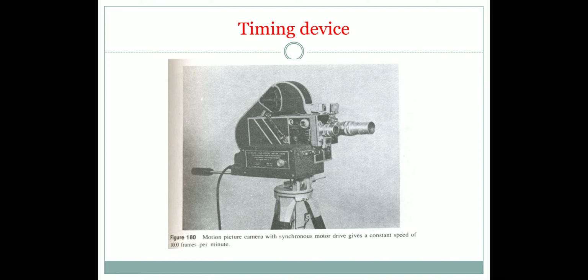Previously we used a motion picture camera with a synchronous motor drive giving a constant speed of 100 frames per minute. That is also considered among timing devices.